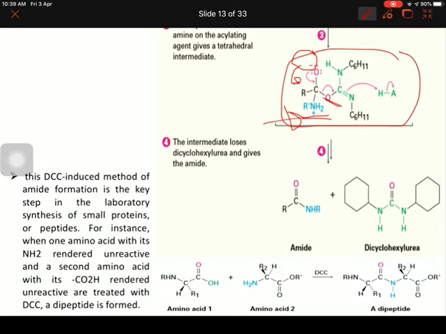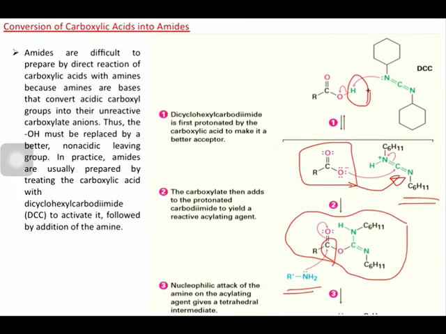In the end, after breaking this bond, you get the amide and urea. The catalyst is converted to urea and the amide, the target compound that we want. This is the general mechanism of converting carboxylic acid to amide.